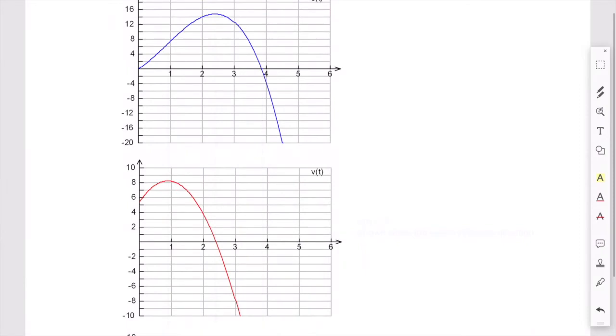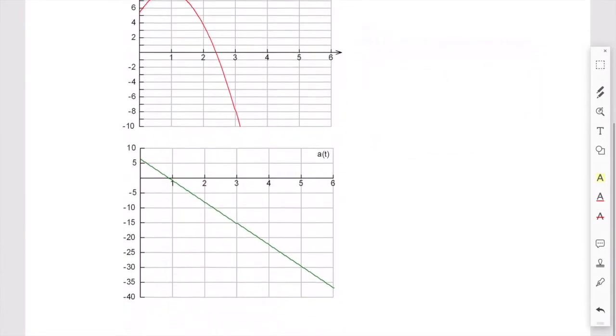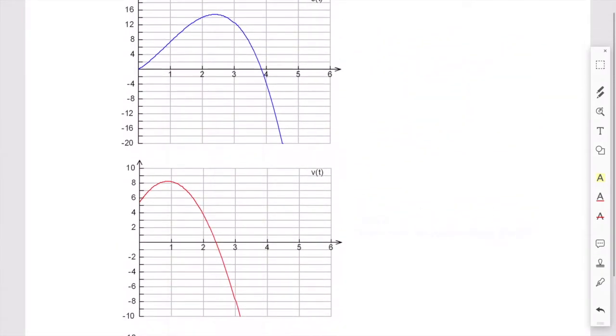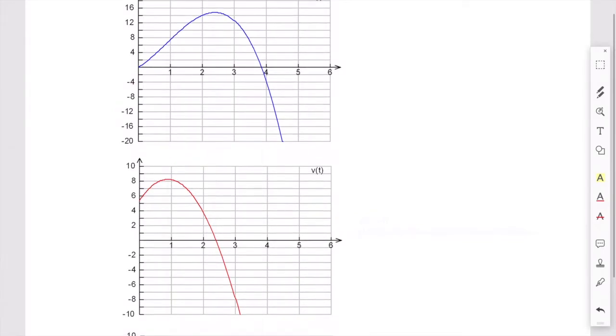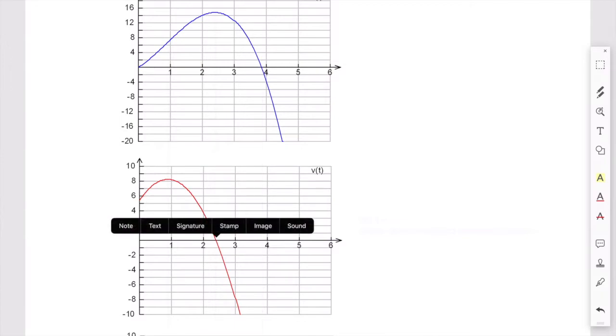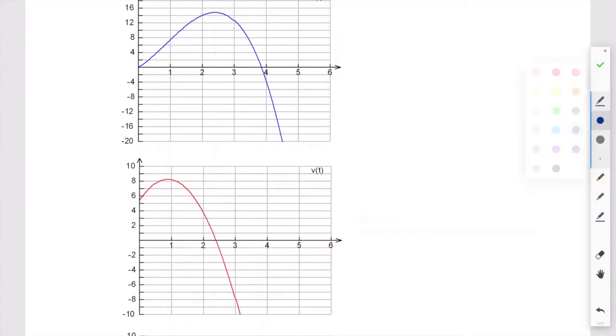If you would like to take a look at the graphs of question 1, that's how they relate to each other. Try to identify how the zeros, for example, match up with the max here.